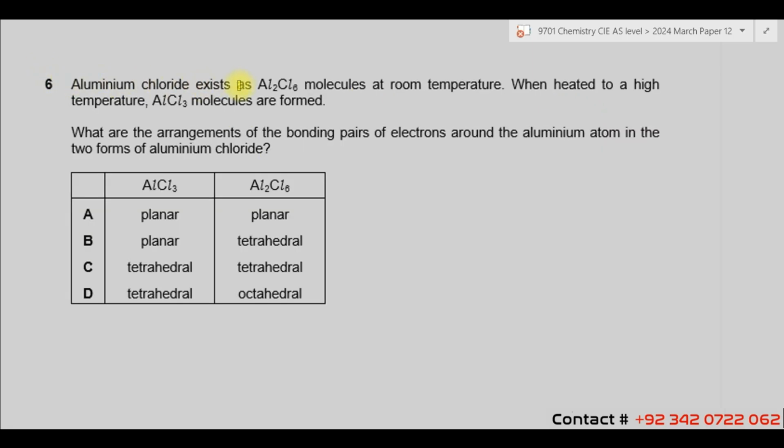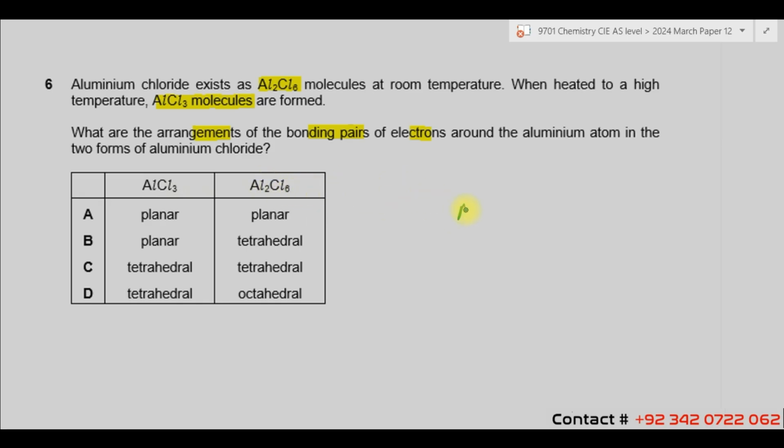Question 6. Aluminum chloride exists as Al2Cl6 molecules at room temperature. When heated to high temperature, AlCl3 molecules are formed. What are the arrangements of bonding pairs of electrons around the aluminum atom in the two forms of aluminum chloride? So we have to find out the shape. AlCl3 and Al2Cl6.